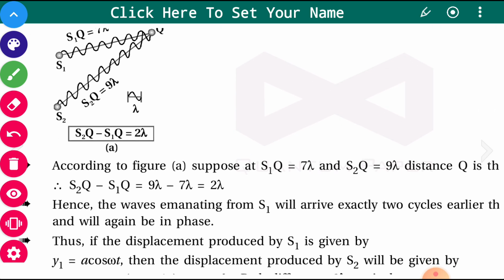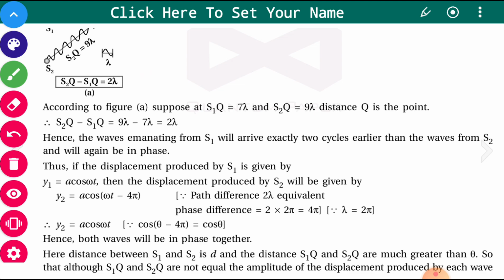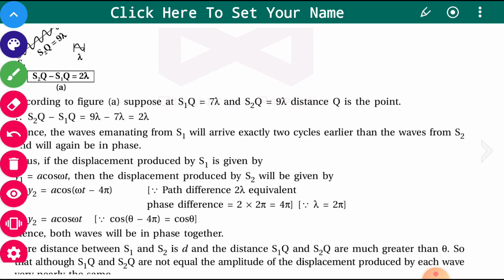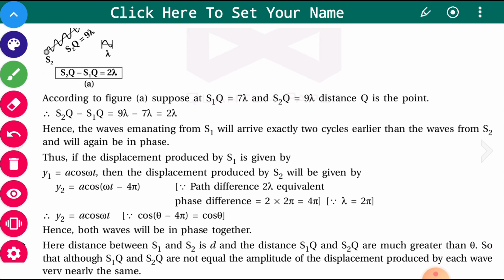Try to understand difference of path. That is 2 lambda. Hence the waves emerging from S1 will arrive exactly 2 cycles earlier than the waves from S2 and will again be in phase.